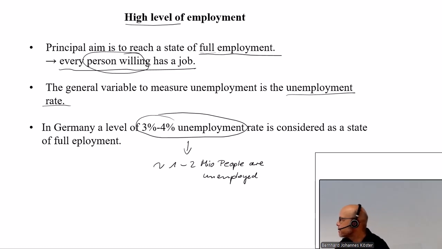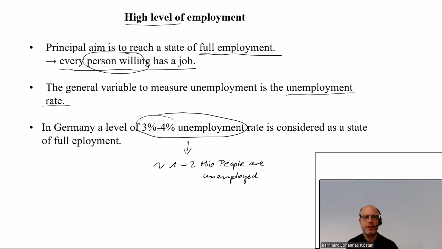My question to you is, this seems a reasonably high number. Roughly, we think that in principle, people of an age between 20 to 65 are the potential of workers.